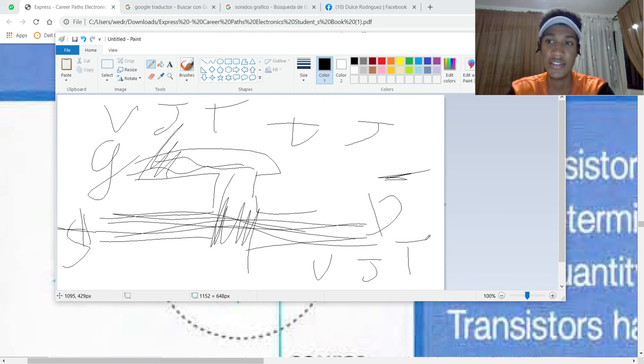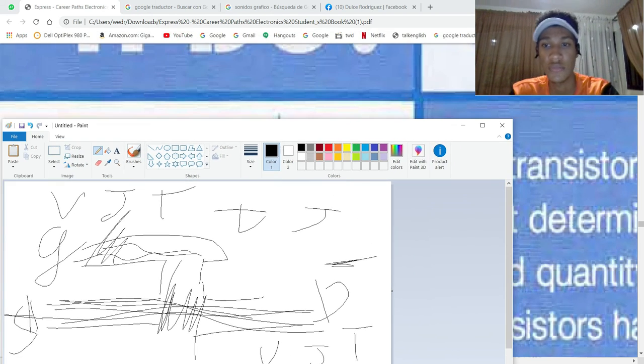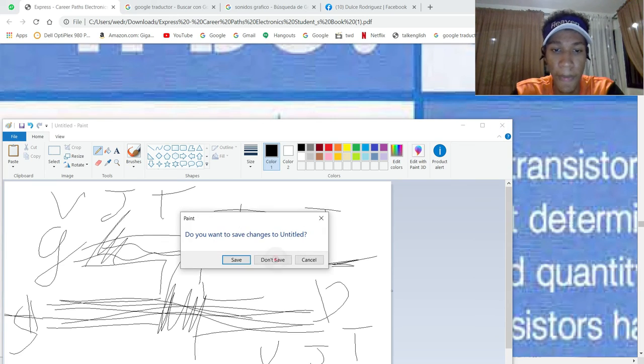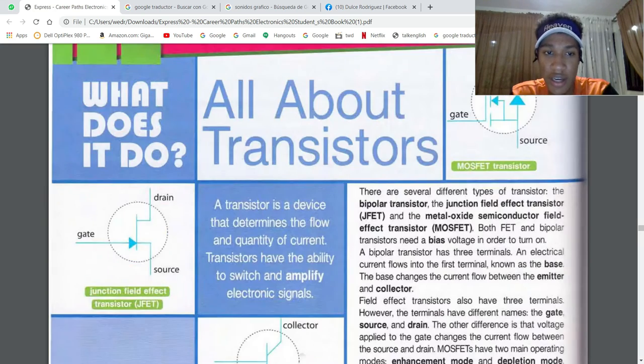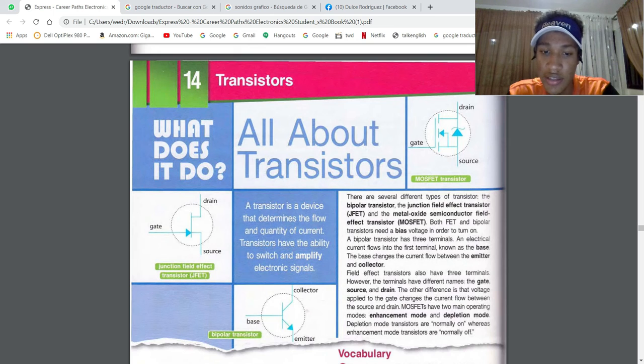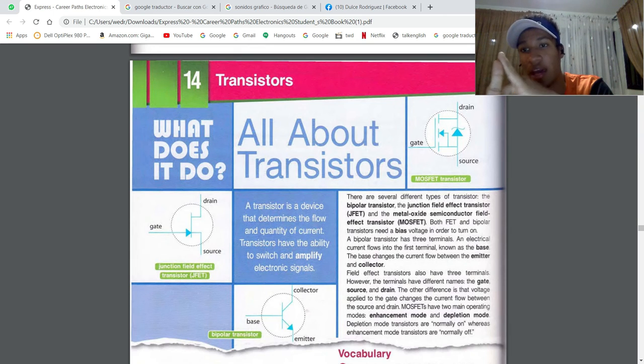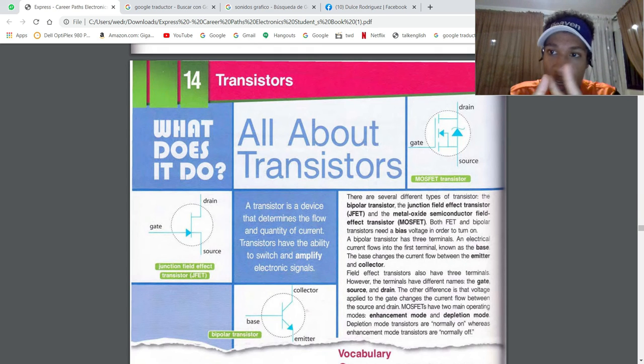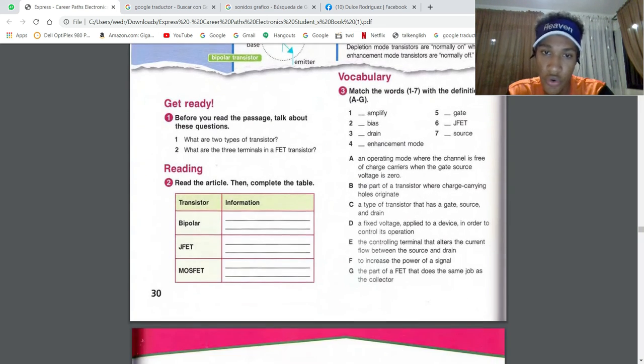So this is the difference. The transistor has three parts: N, P, N, or P, N, P. The diode has two parts, N and P. The transistor has three, N, P, N, depending on your work or your circuit.